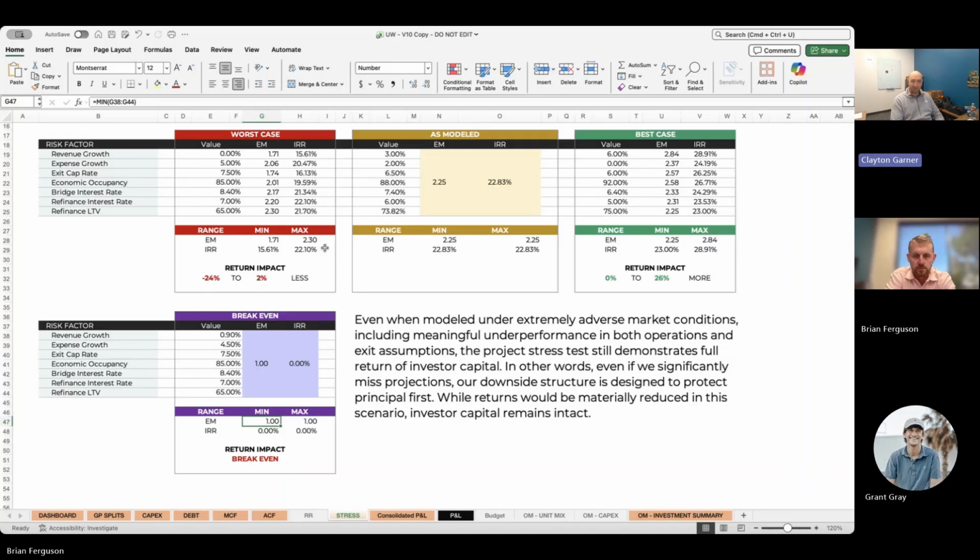And then the break-even is a mixture of playing with where we think the ranges could go altogether. Obviously, if you hit the deal with every worst-case scenario, the deal won't return capital. That would be true in 99.9% of deals. If you assume the worst in every single thing, I don't know if there's a way to return your money. But we can ask what is a reasonable assumption of the worst things happening at the same time.